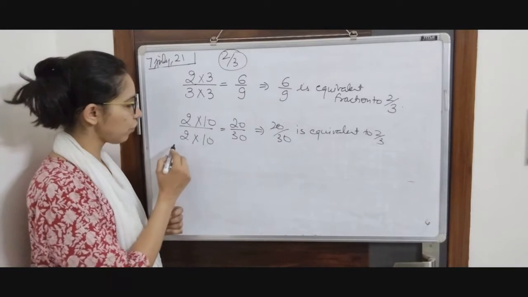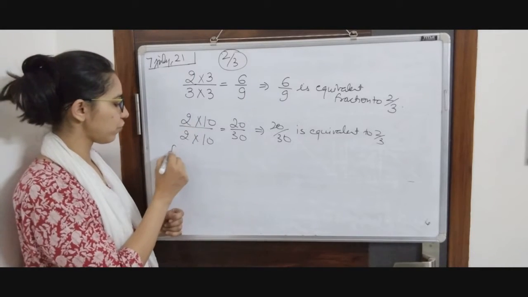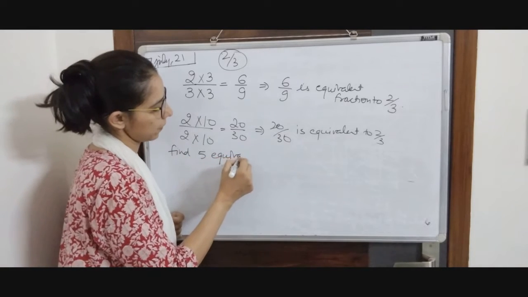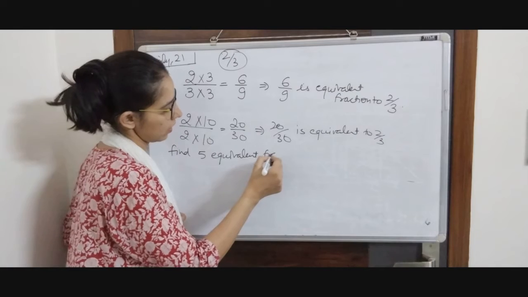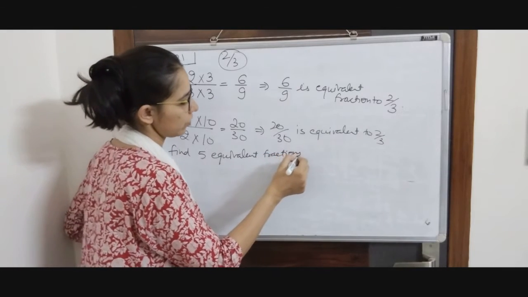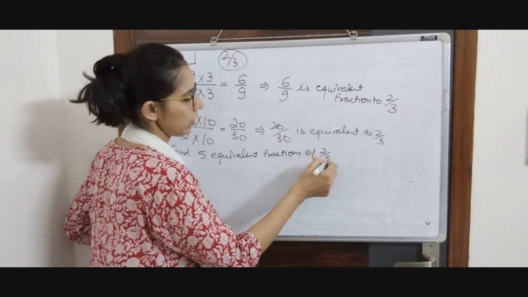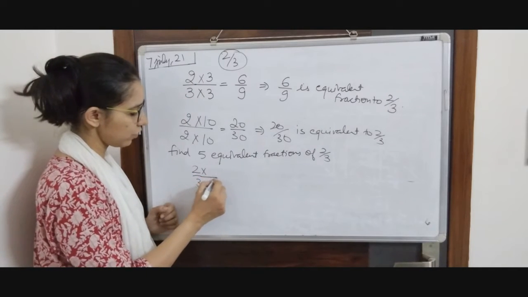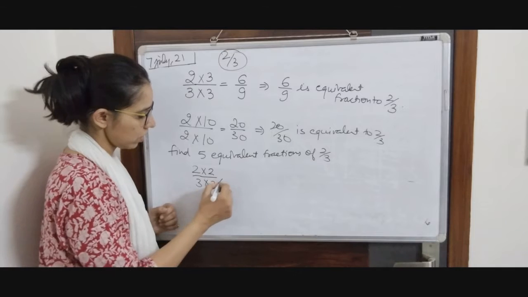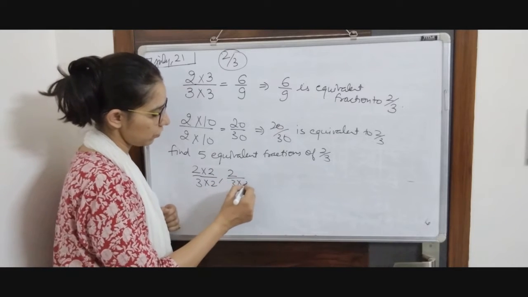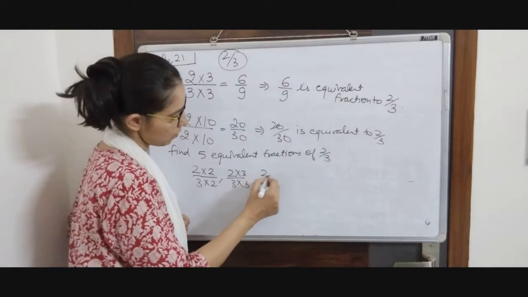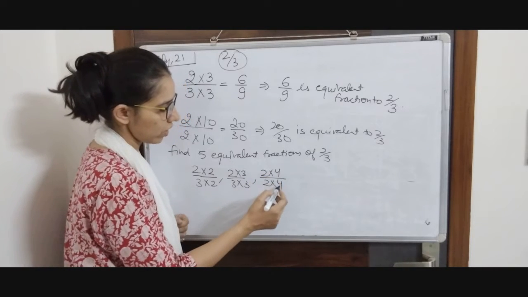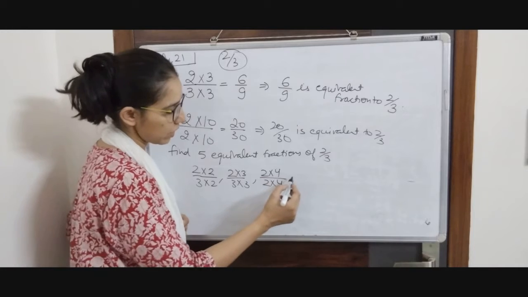So suppose I want to find 5 equivalent fractions of 2 by 3. Okay, what will I do? I will multiply 2 by 3 by 2, I will multiply it by 3. You can choose another number also, but whatever number you choose, it has to be the same for numerator and denominator.